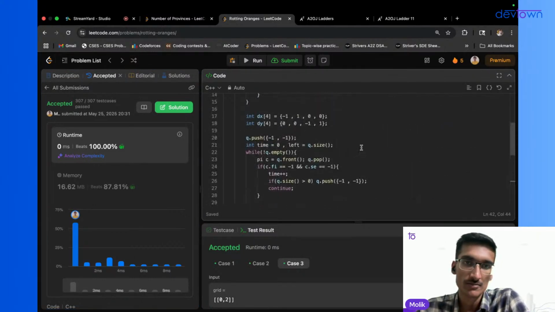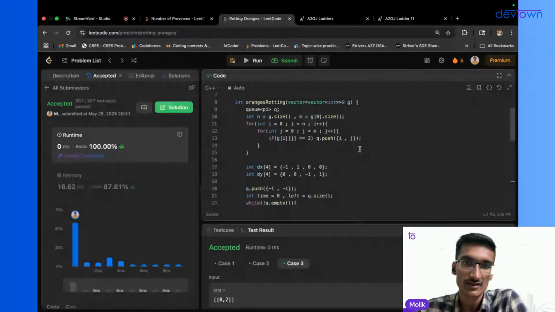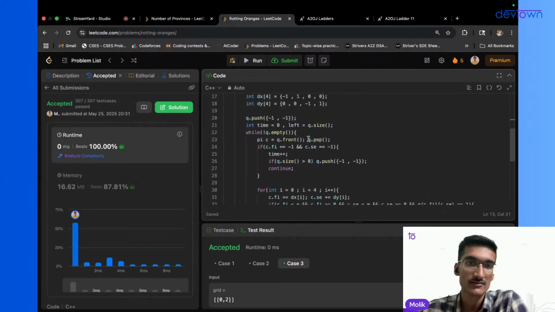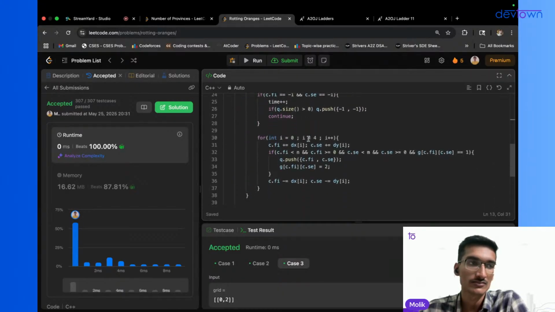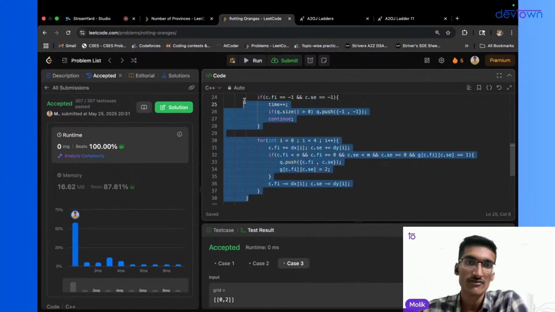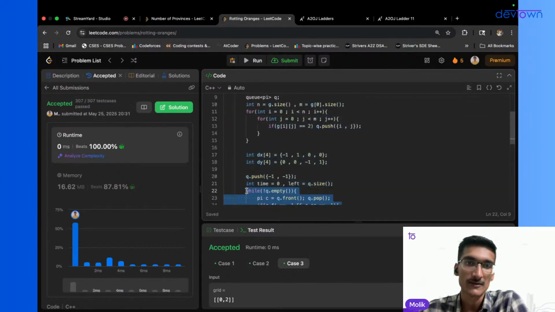We have used multi-source BFS. This is used for directions. This nested loop is used to identify the sources where initial rotten oranges are placed, and this is the implementation of multi-source BFS.